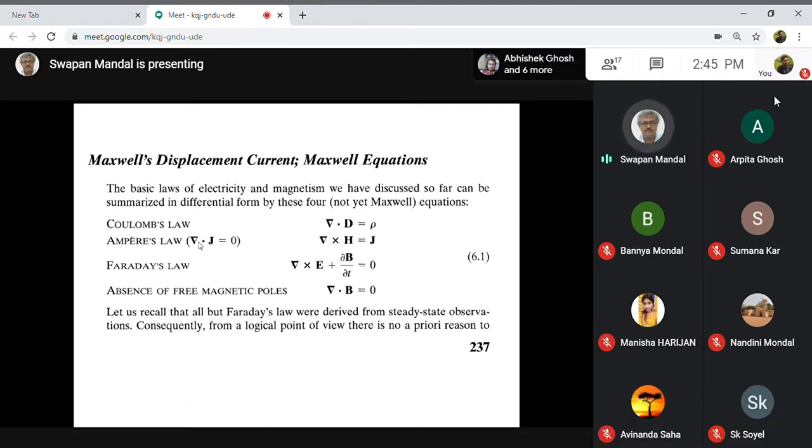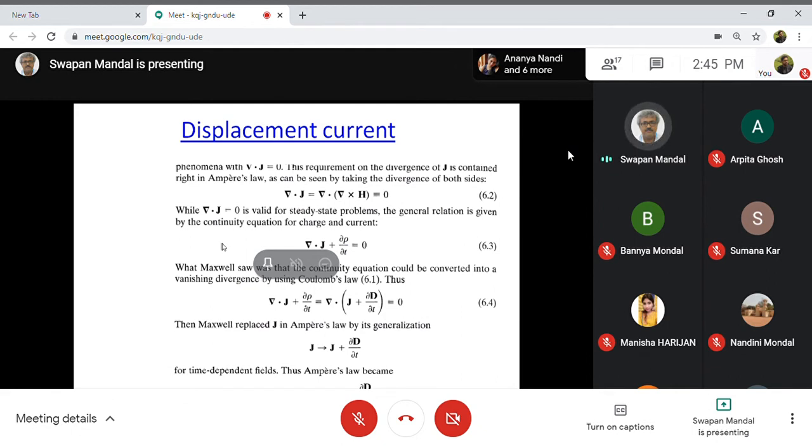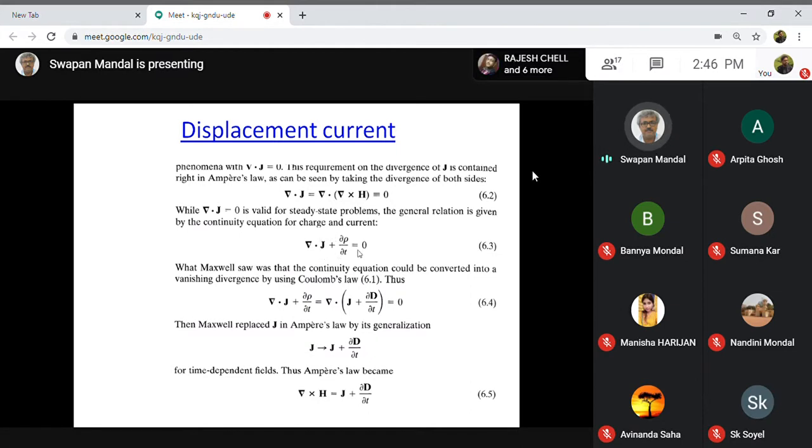Continuity relation tells us divergence of J plus del rho del t equal to 0. If you take it to the other side with a negative sign, divergence of J equal to minus del rho del t.